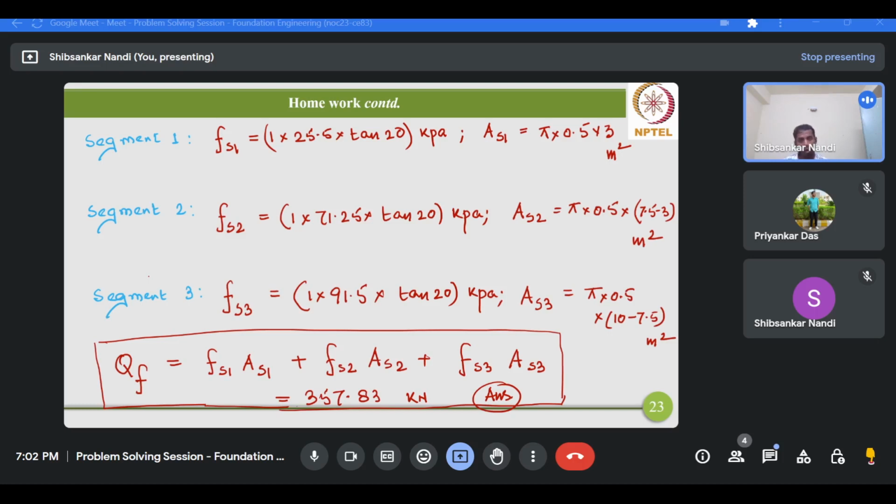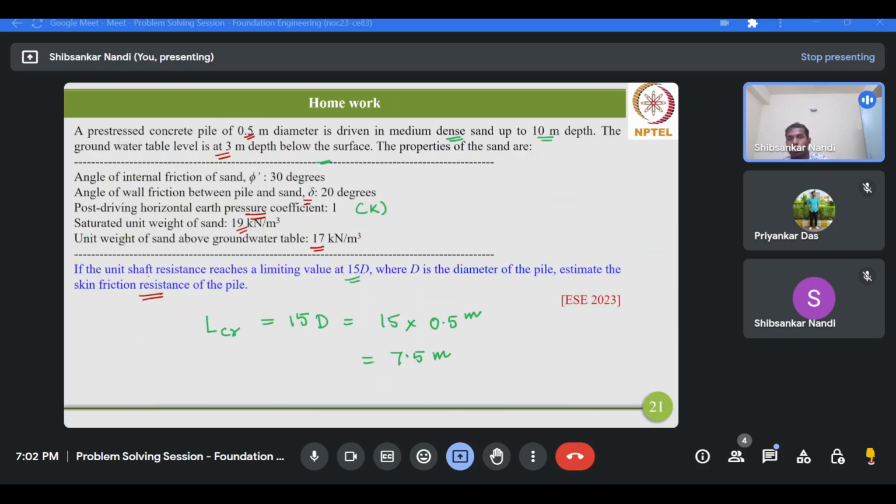And the homework problem, so it's no more a homework problem, as we have solved this homework problem already. In this problem, we have to report again the skin friction resistance of a pre-stressed concrete pile of diameter 0.5 meter and length 10 meter. The fundamental difference between this homework problem and the earlier problems is that in the earlier problems we didn't consider the critical depth or critical length concept, but in this problem we have implemented this concept, and according to it we have reported the skin friction resistance.